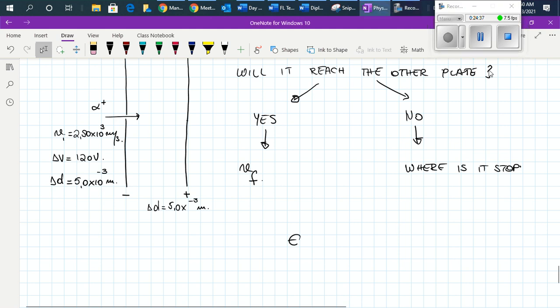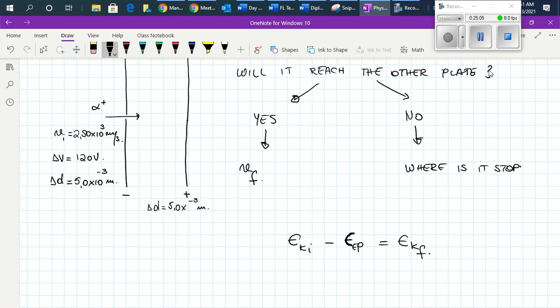That will be initial kinetic minus the electric potential energy. This will be equals to kinetic final.